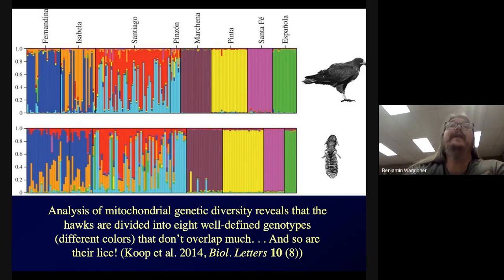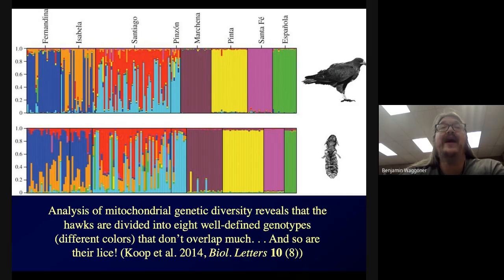Okay, on the left, you can see there's bars for Fernandina, Isabela, Santiago, and Pinzon. Those also have distinctive alleles, but you can see there's a bit more genetic exchange between them. So some of the Isabela hawks have genotypes that are more typical of Fernandina, for example. That's why in that block labeled Isabela, you're seeing some blue bars kind of in the middle of that sea of red.